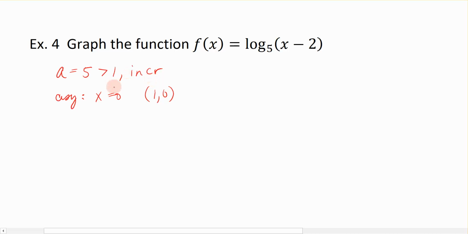Those are the known pieces of information before I ever shift this function around. Now, what effect does x minus 2 have on my function? Remember, this is inside of the function, so it is going to shift horizontally. It's going to shift my function to the right by 2.